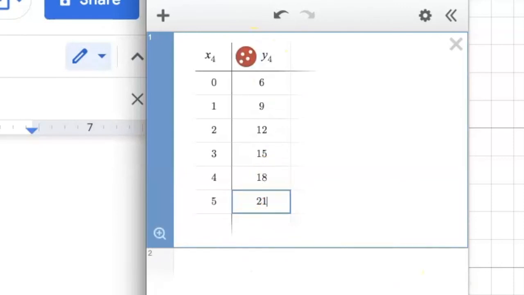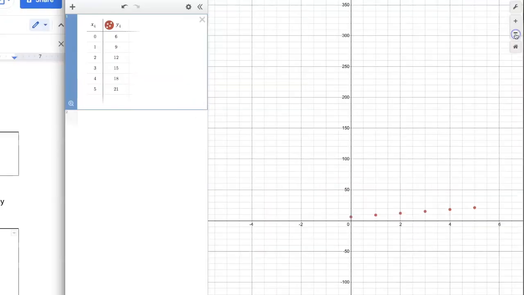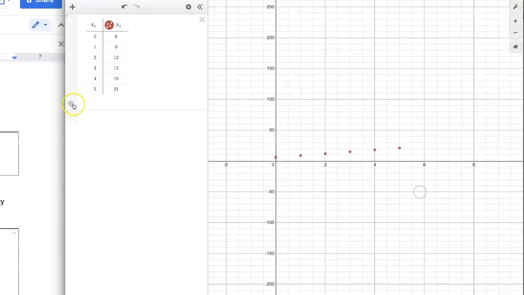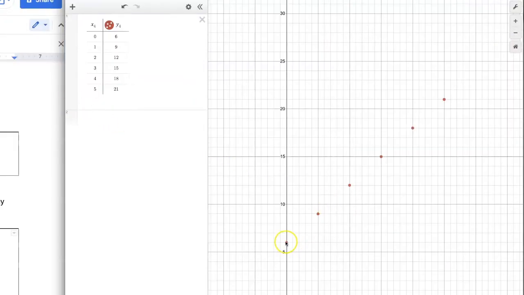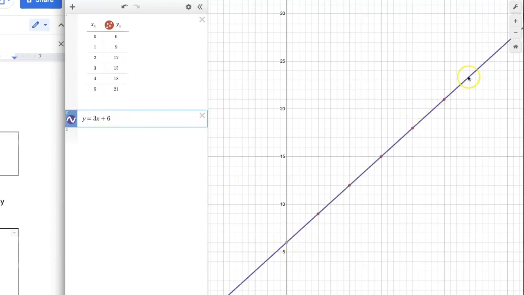Okay, and we can zoom out a little bit, or actually we'll hit this button here, and we can see it goes through 6, and now we can see that this line is the exact same as these points that we put in the chart, because that's how we got the points. So there they are. We can turn that line on and off, and it's going through those points.